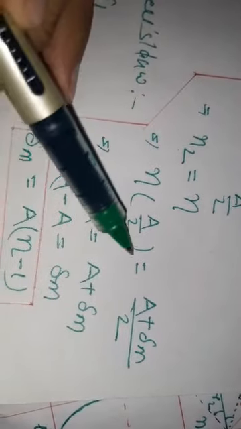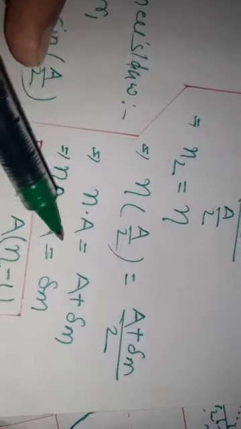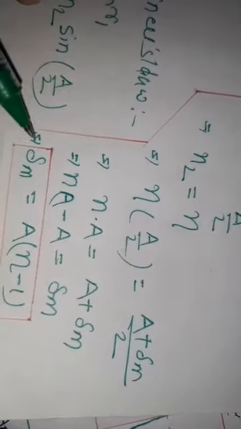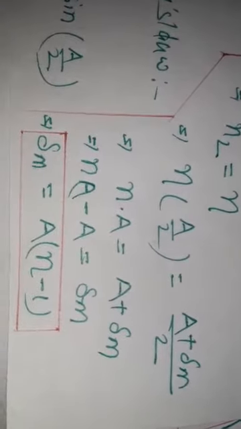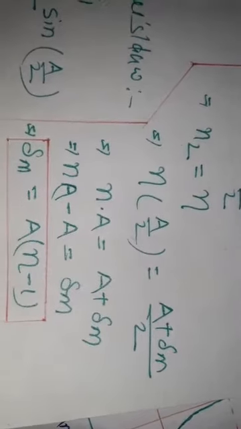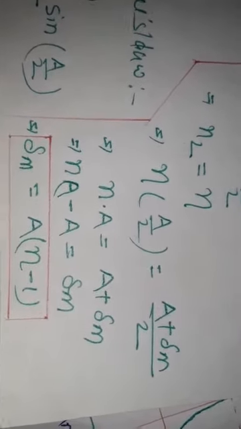Transfer this A towards the left hand side, we have nA minus A equals delta m, or delta m equals A times (n minus 1). So delta m is called the minimum angle of deviation, n is the refractive index of the prism, and A is the angle of prism. Okay, so this is a very important relationship.